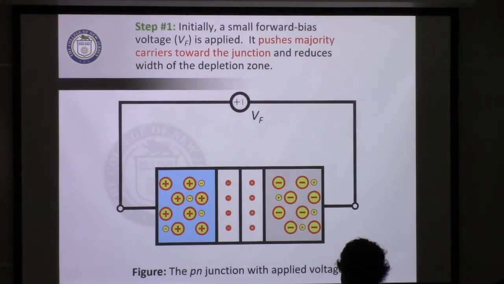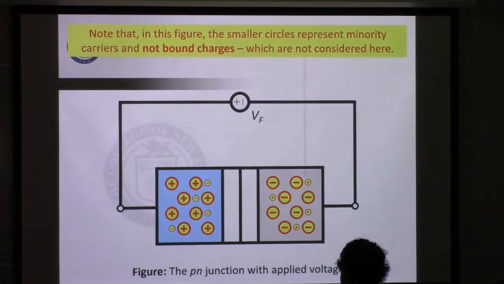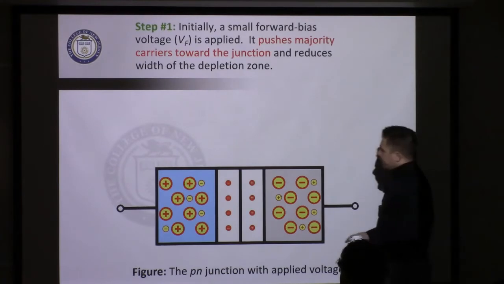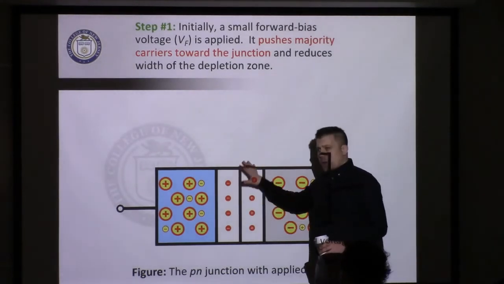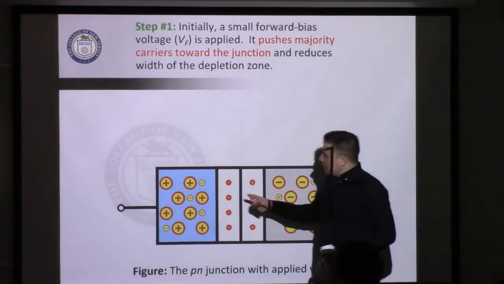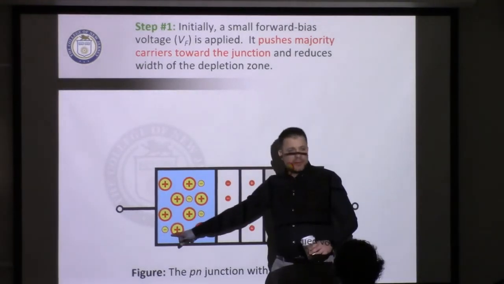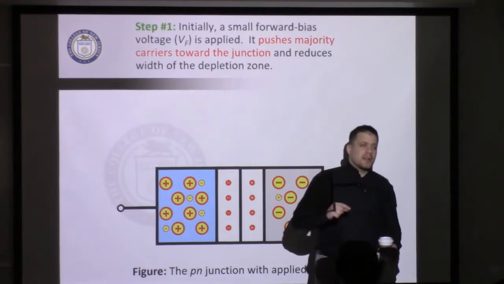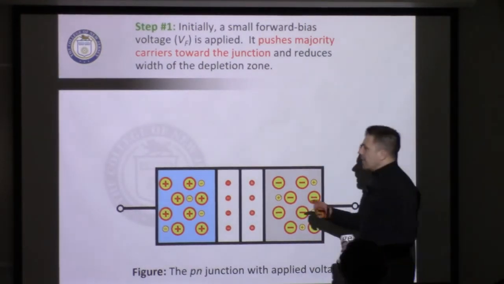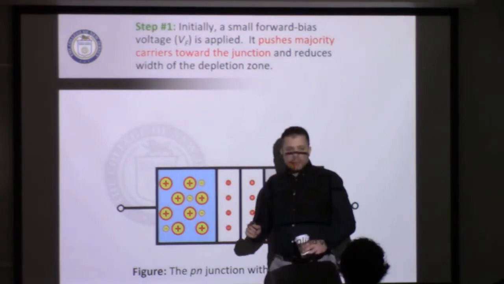In this picture right here, we're going to use a little bit of a different notation. The bound charges are shown in the middle. We're not going to be discussing those anymore; we're actually going to take them out of the picture. The small circles now, instead of representing the bound charges, represent the minority charge carriers. Hence, there's no longer a one-to-one relationship.